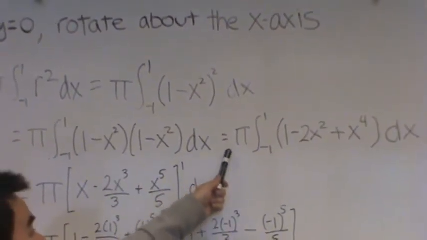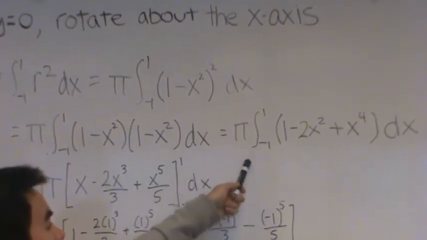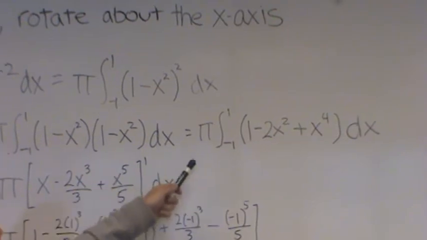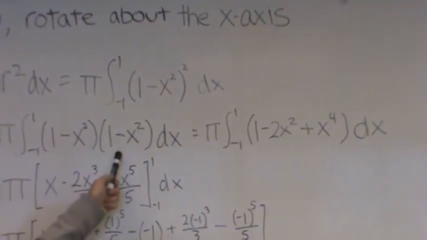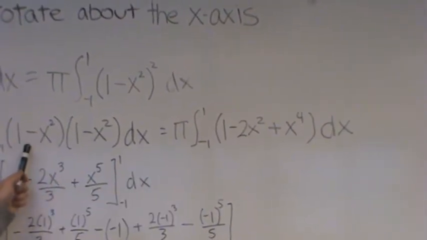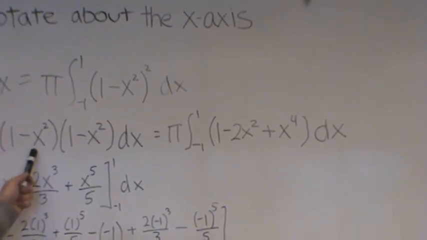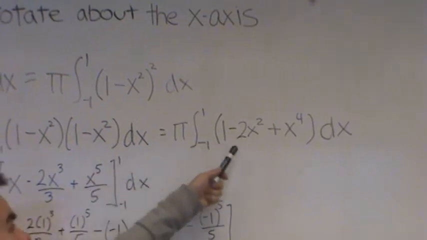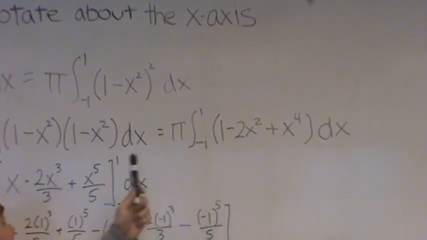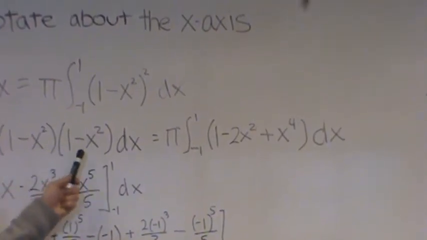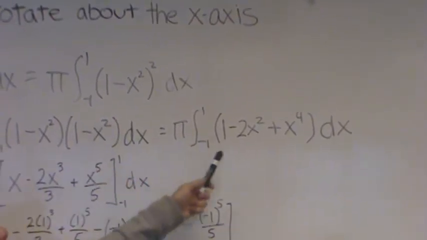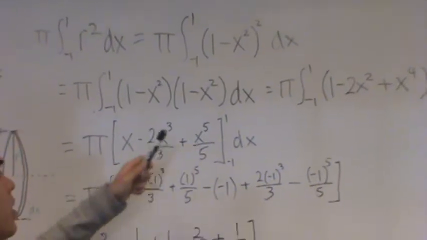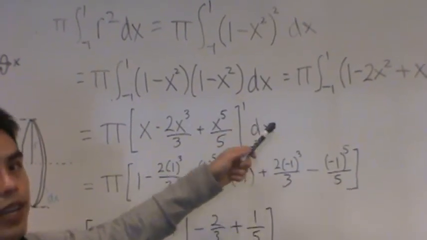And this is equal to pi times the integral from -1 to 1 of, multiplying it out, 1 times 1 is 1, 1 times negative x squared plus negative x squared gives us negative 2x squared, and then negative x squared times negative x squared gives us positive x to the 4th, dx. So in that form we can integrate.